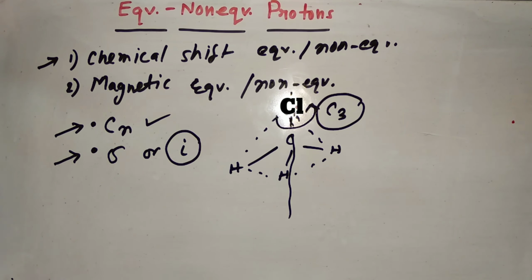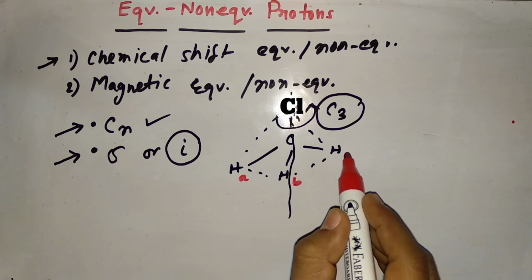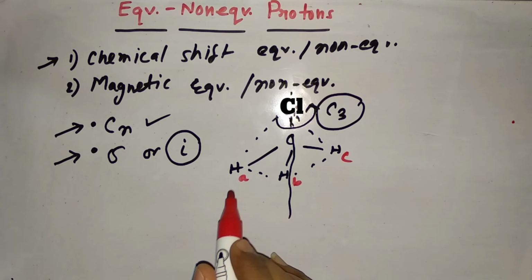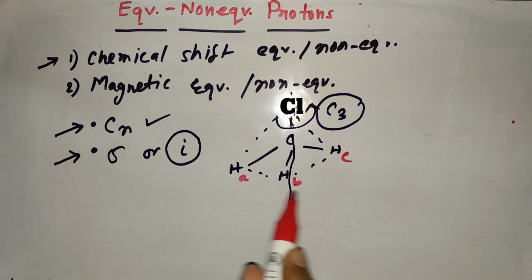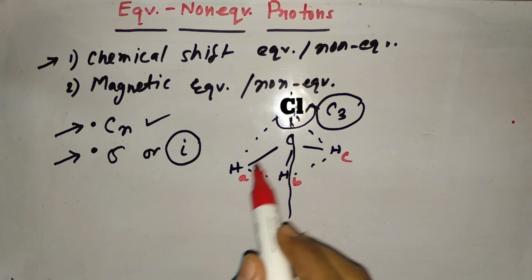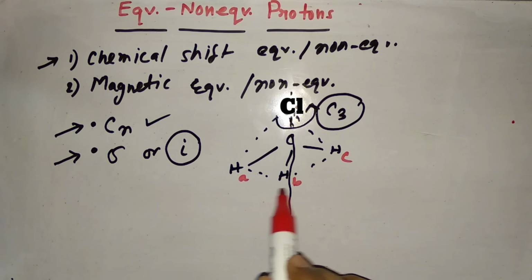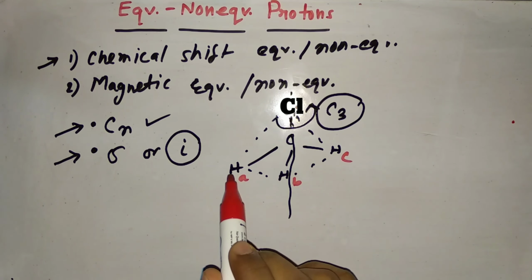Suppose this is HA, this is HB, and this is HC. We are representing the hydrogen atoms with HA, HB and HC. If we rotate first, then HA will go to where HB is, HB will go right here, and HC will be right here.